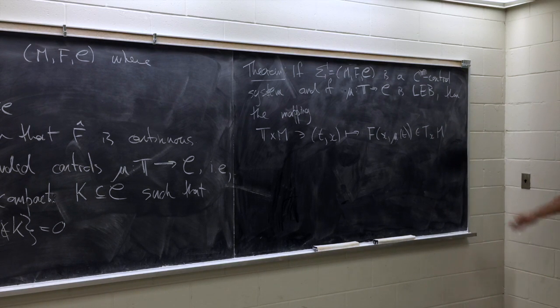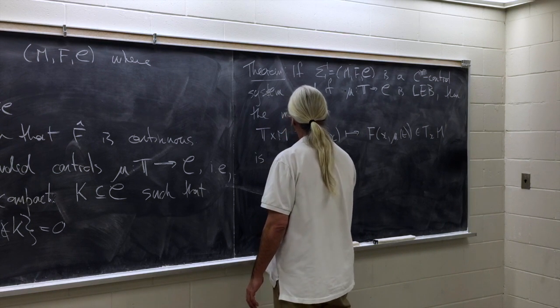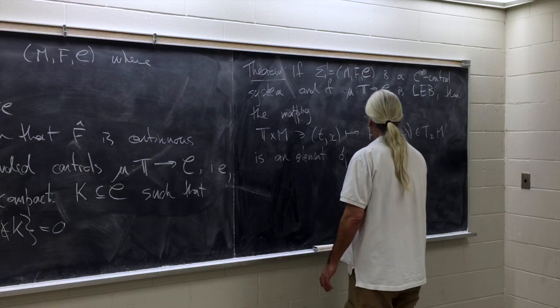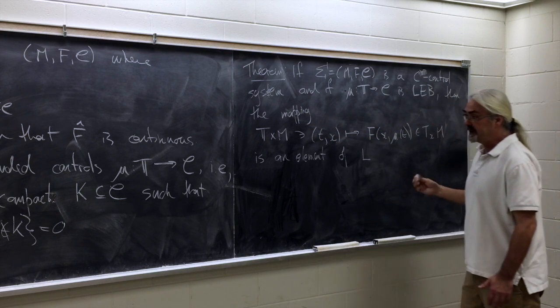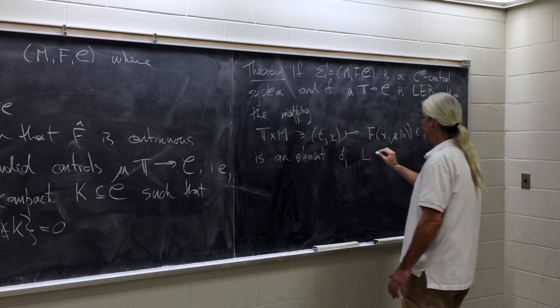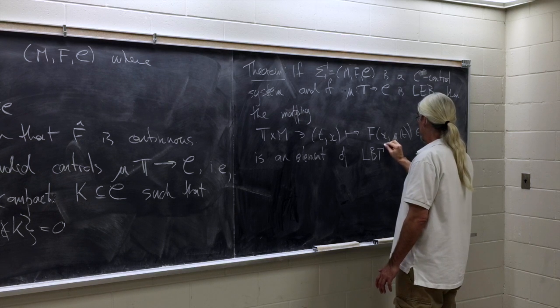So I have this mapping, which is some sort of time-varying vector field. And the fact is that this vector field is of the class that we defined last time: it's locally essentially C nu bounded. The notation we used was like this.